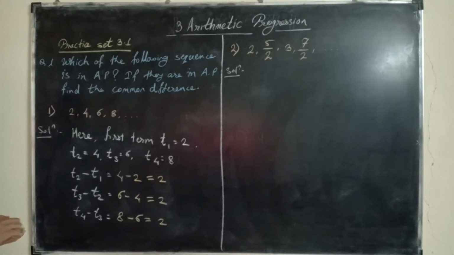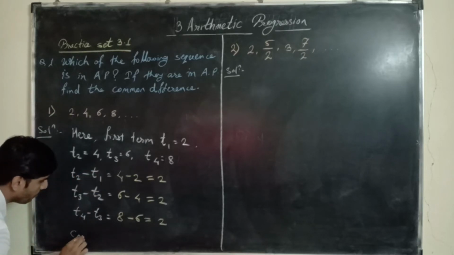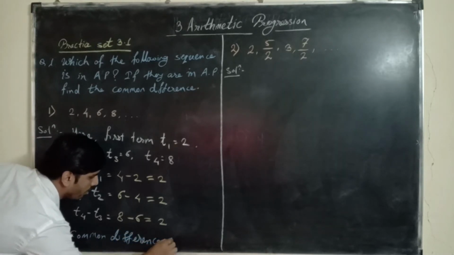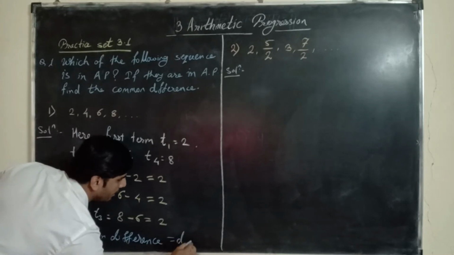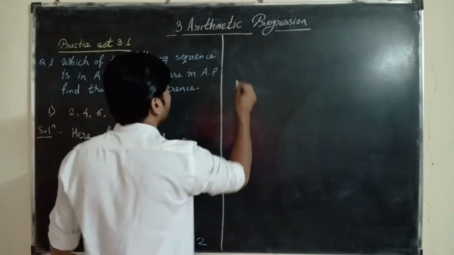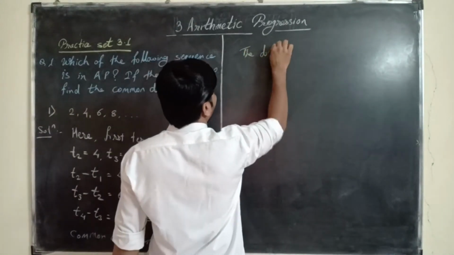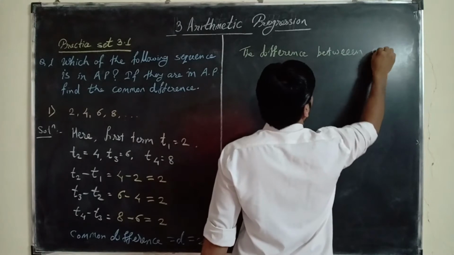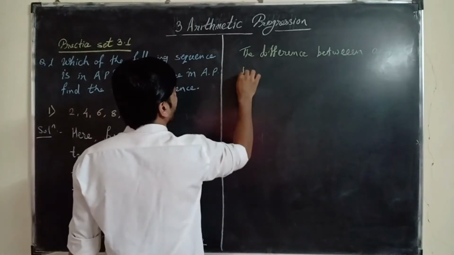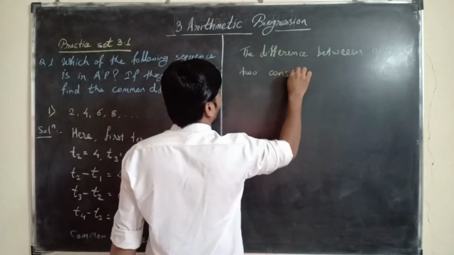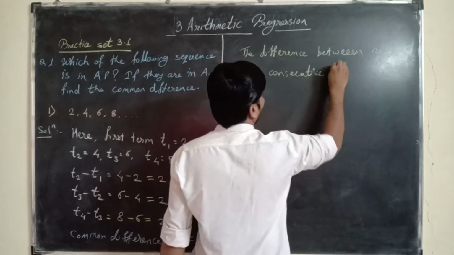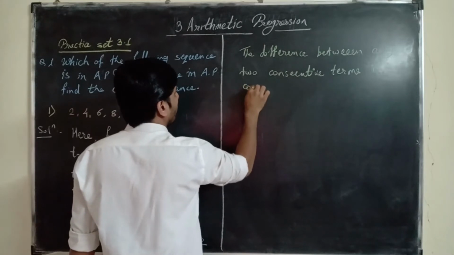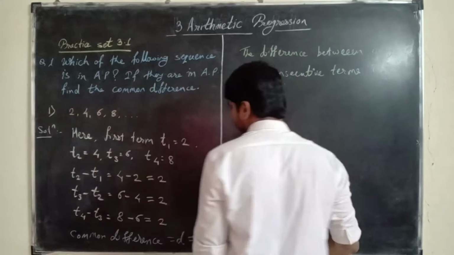So here we can observe that the common difference, denoted by D, which is 2, as the difference between any two consecutive terms is constant, as D is 2.